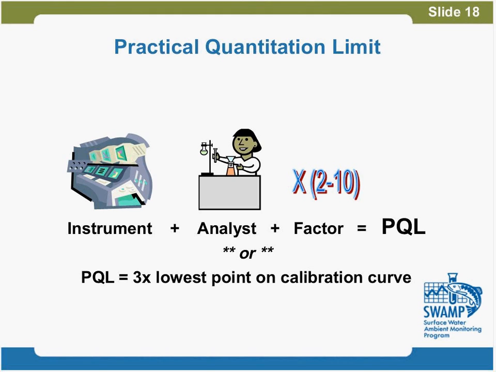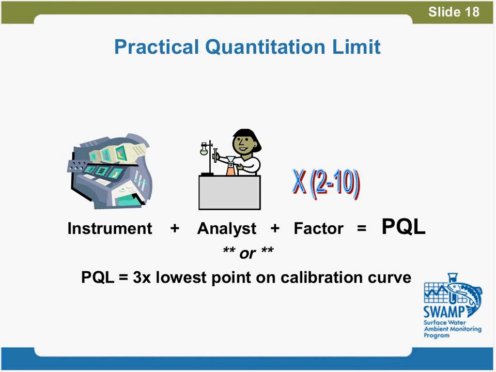So if we were using that definition of the practical quantitation limit, what a laboratory does is they look at the method detection limit, take into account their own instrument, how old is that instrument, how often is it maintained, and the analyst. So does the analyst have a lot of experience, or is the analyst relatively new?